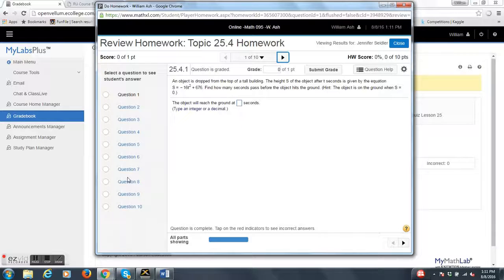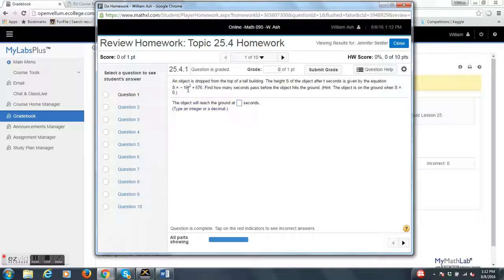If you look at some of these questions, this one, for example, the words are completely irrelevant, because what gets difficult about word problems is when you have to create the equation, right? Once you have the equation, you're essentially done. In this case, I didn't have to create any equation. They literally just gave it to me. You drop it from a building, and the height after t seconds is this, right?